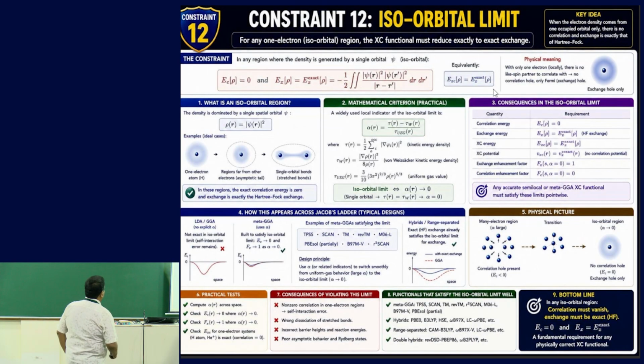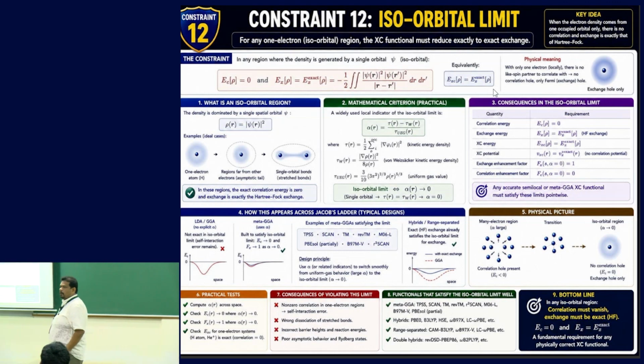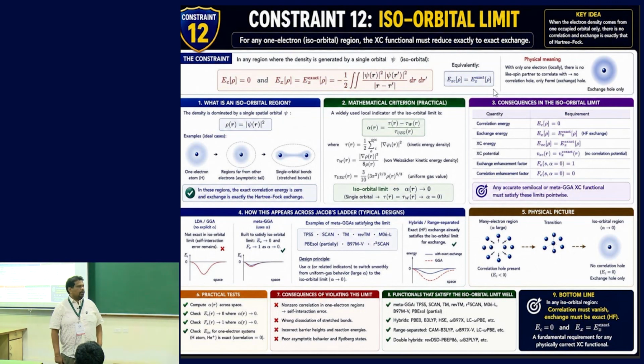So now this is the iso-orbital limit. As you are using the fictitious single particle system, it matters what exactly you are doing with your kinetic energy. In your one electron limit, the kinetic energy you are getting should be the same as the Weizsäcker term.